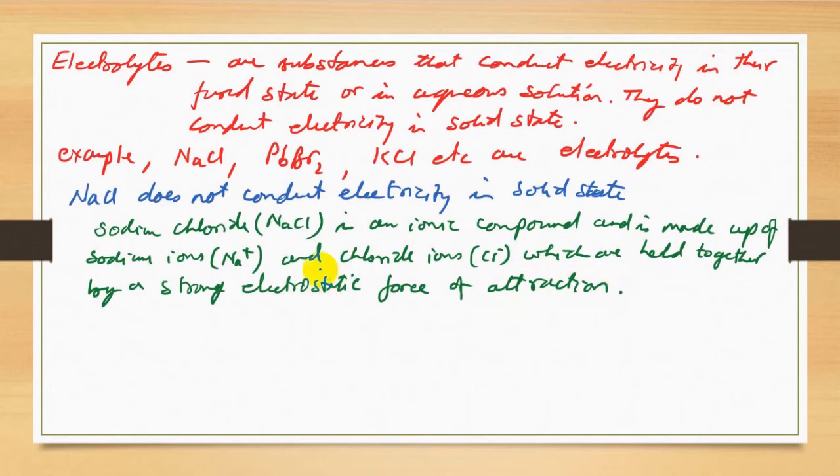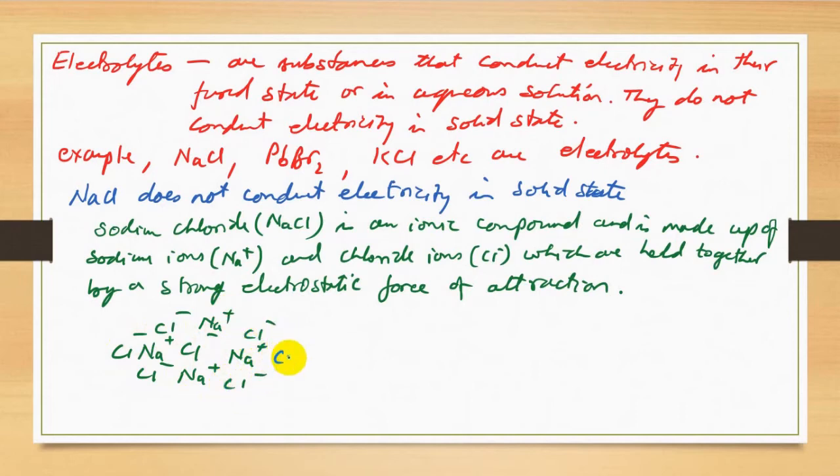Clear? So basically what happens, you have already studied when we did chemical bonding. In NaCl, you have a Na+, but this Na+ will be surrounded by Cl- from all the sides, and a Cl- is surrounded by Na+ from all the sides. So you'll have it this way, isn't it?